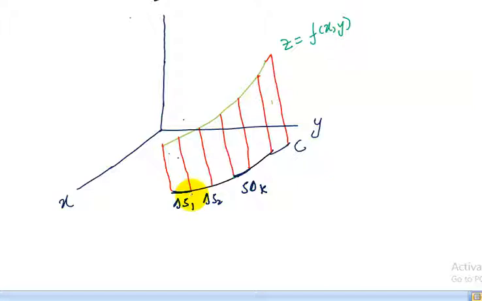If this point is P1 and the second one is P2, and the right hand point of the kth subinterval is Pk.